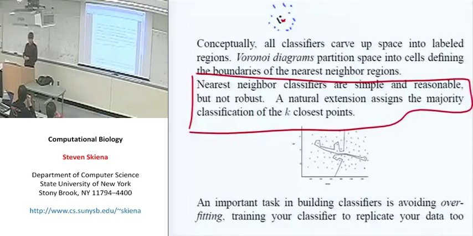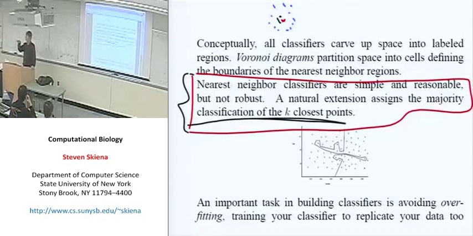Like maybe if you're 1 unit from me and my second nearest neighbor is 10 units from me, I shouldn't weight those equally. I should give more vote to the really close one. So there are a variety of ways you can do this kind of thing. But basically it should be clear that if you do this, you can make the nearest neighbor approach more robust. Any questions about that?